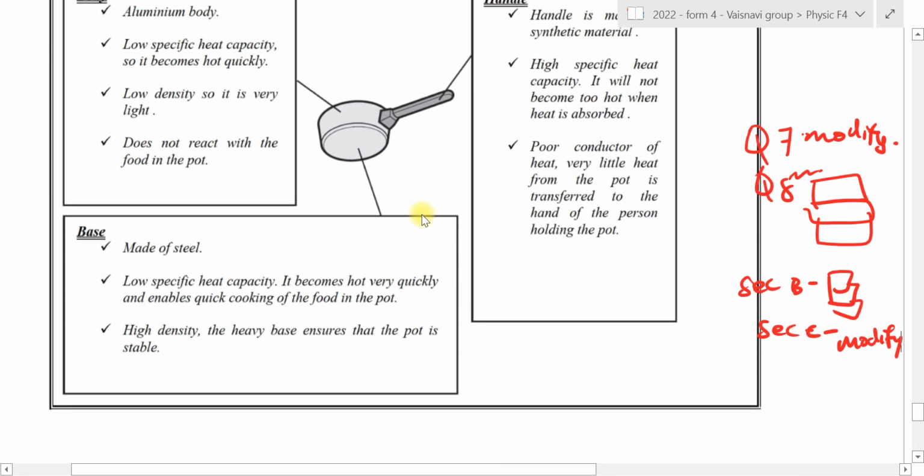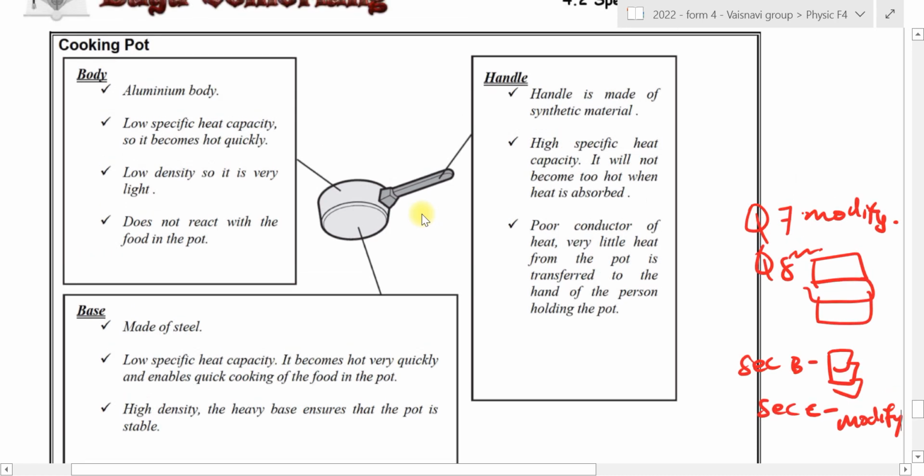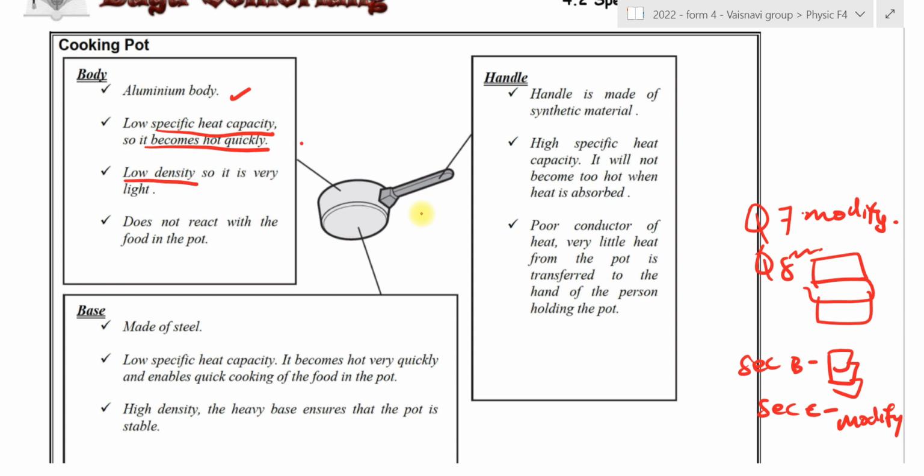Okay, right. Cooking pot. The body must be aluminium body. Why? Low specific heat capacity, so it becomes hot quickly. The body also must be low density, so that it is very light. Does not react with the food in the pot. That's why we choose aluminium body.